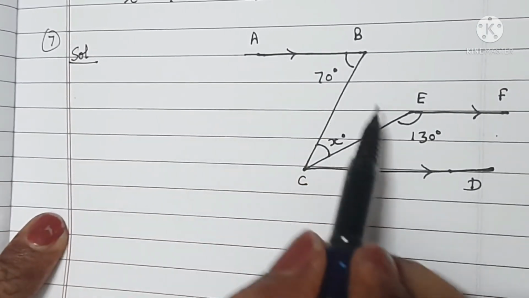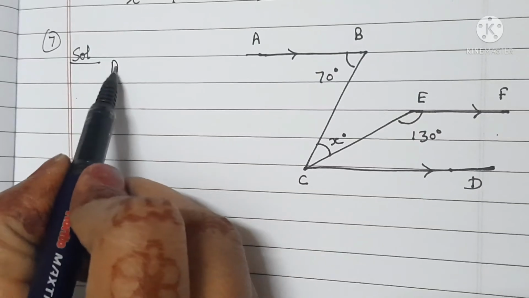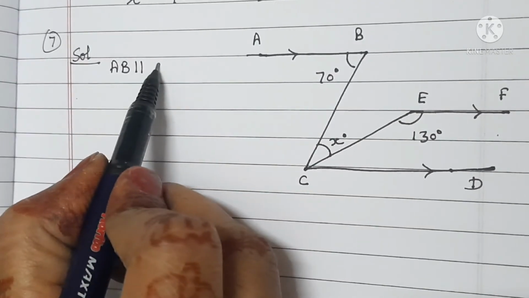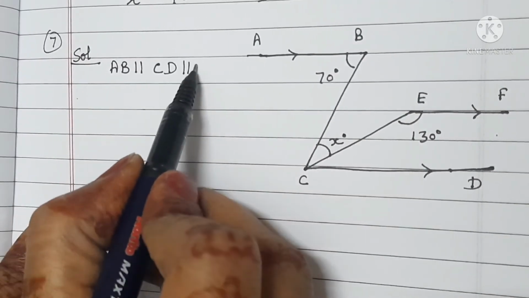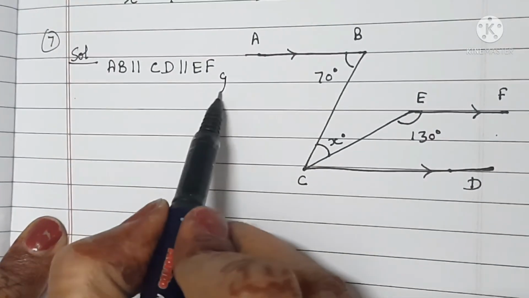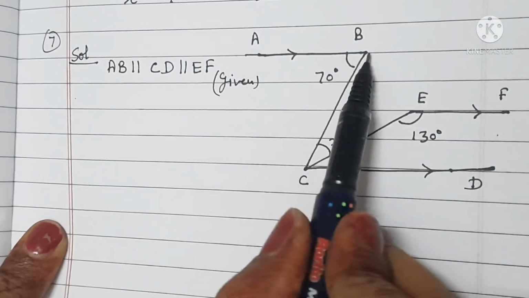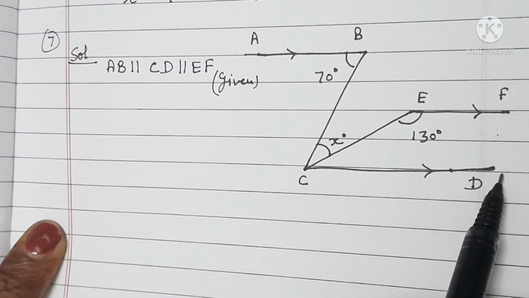Solution. AB is parallel to CD is parallel to EF. First you write AB parallel to CD parallel to EF. This is given. Now AB is parallel to CD.